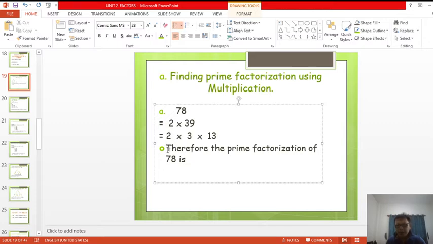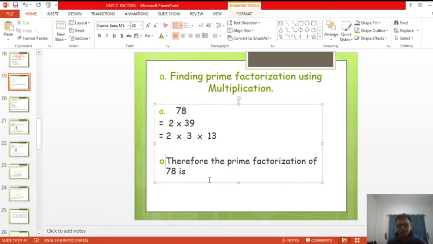Therefore, let me move this a bit down. In this example, the prime factorization, or the prime factors, of the number 78 is this. All you have to do is just copy this one.